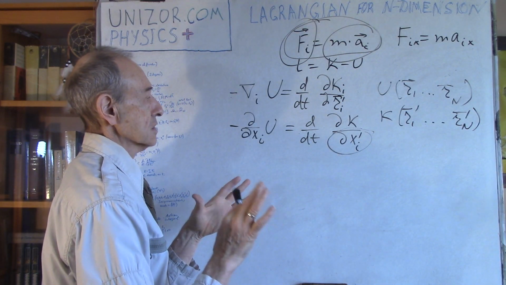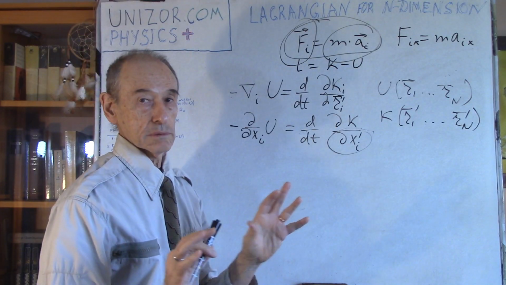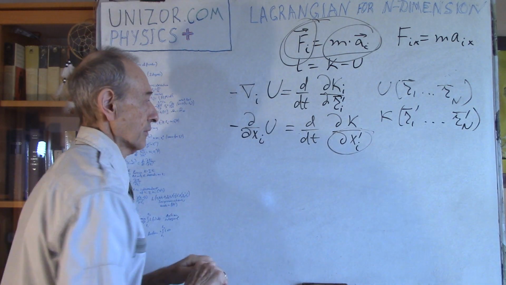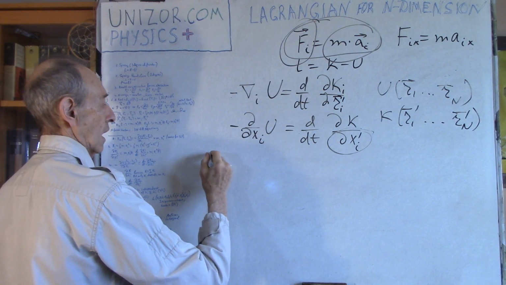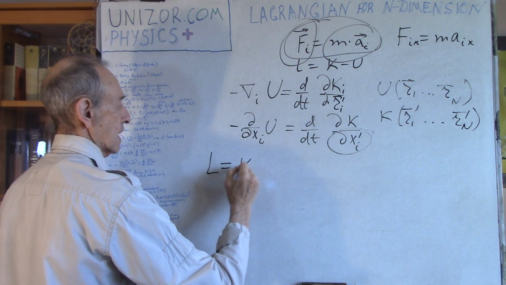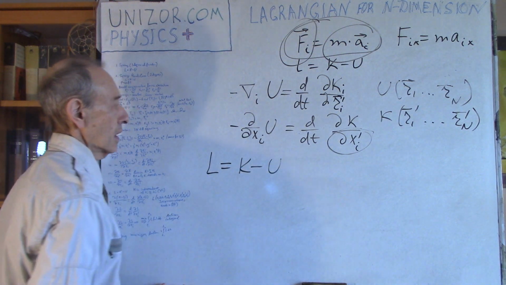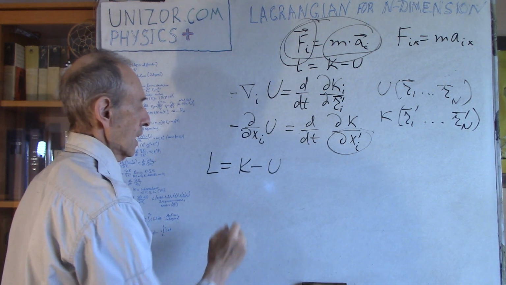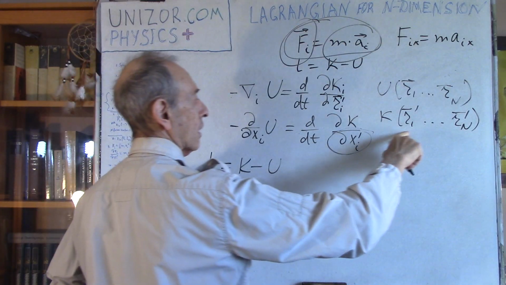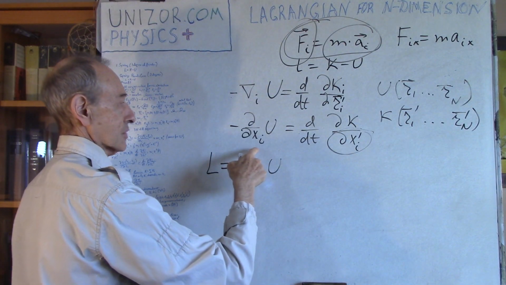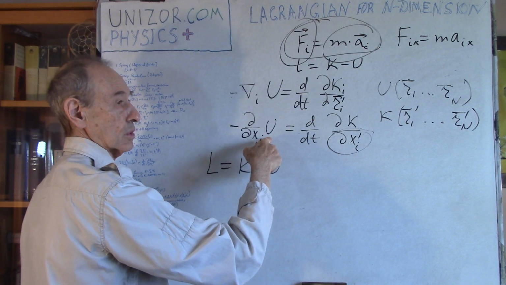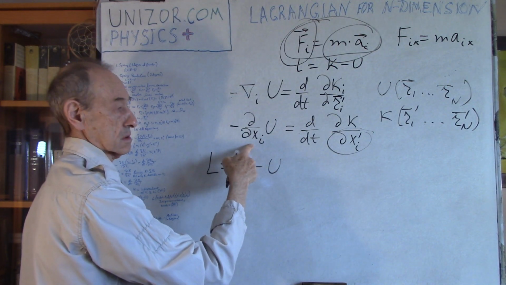Okay, so one more very little trick. Instead of using K and U, I will use the Lagrangian, which is K minus U. Now let's just think about it. K depends only on the velocities, and I'm actually differentiating U by positions.